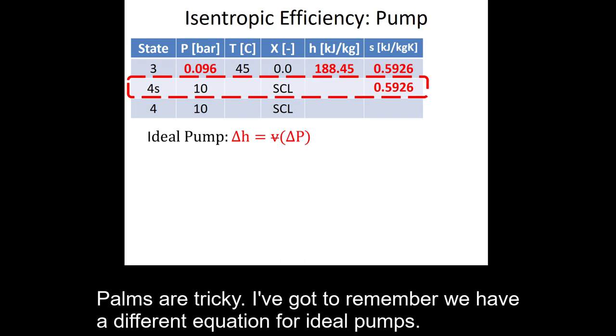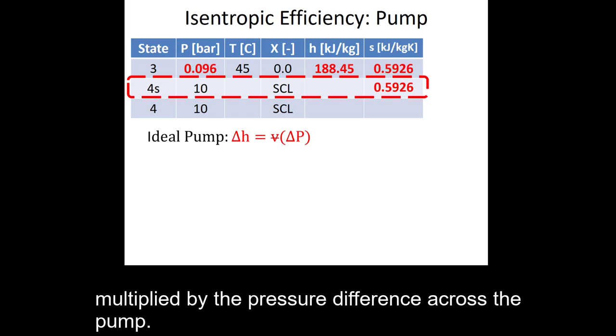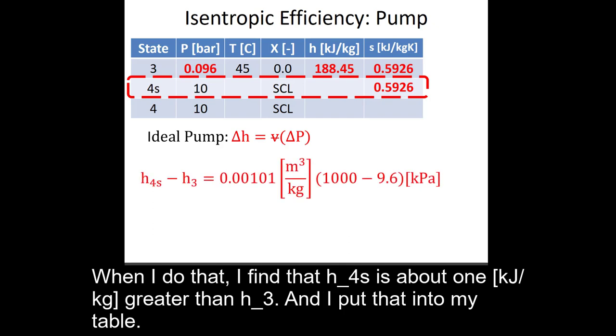But pumps are tricky. I got to remember we have a different equation for ideal pumps, that the change in the enthalpy across the ideal pump is the specific volume multiplied by the pressure difference across the pump. When I do that, I find that h4s is about 1 kilojoule per kilogram greater than h3.